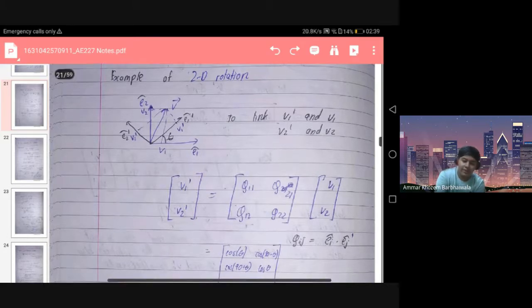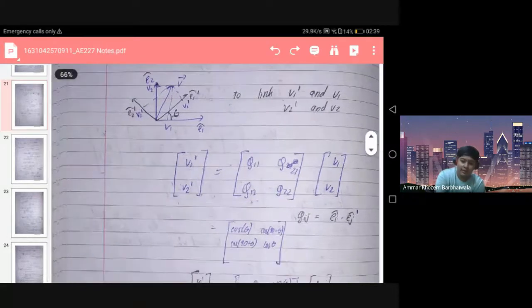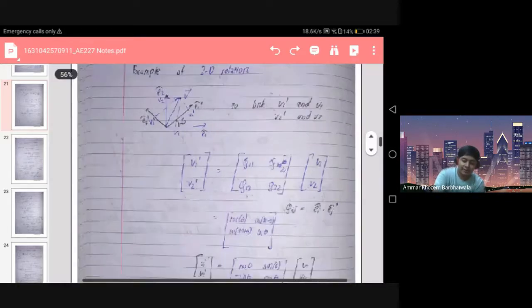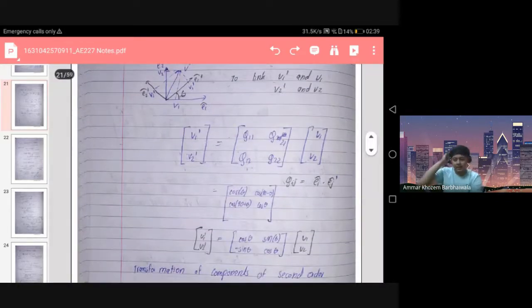So we can write v1 dash and v2 dash using q11, q21, q12 and q22, which is Q transpose, times v1 and v2. These components you can find from the rotation matrix, cos theta, cos 90 minus theta, and all that stuff has been covered in the linear algebra course MA106. So the MA106 notes would be really helpful right now.